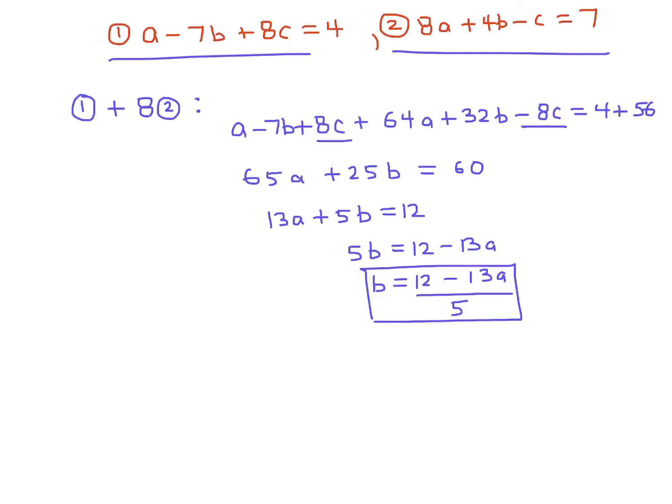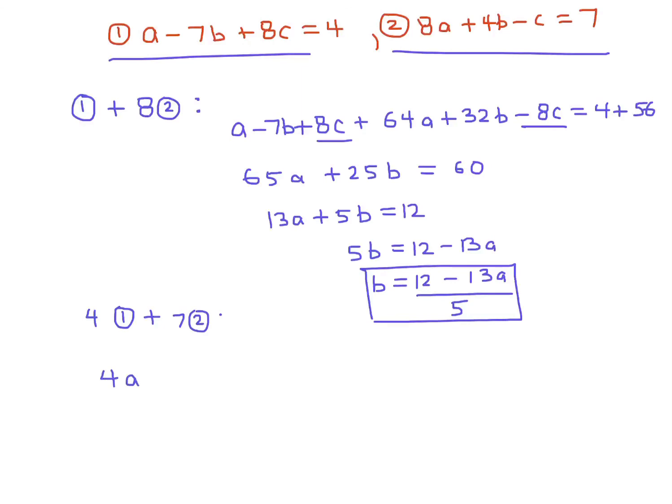And we can do that in the same kind of way. Let's see, we have minus 7b and 4b, right? So multiply 1 by 4 and add to it 7 times 2. That should be able to get rid of the b's.